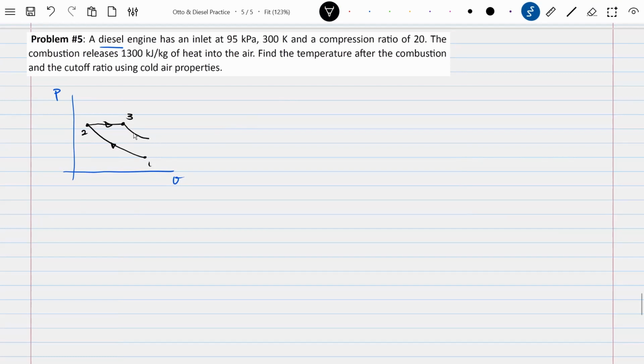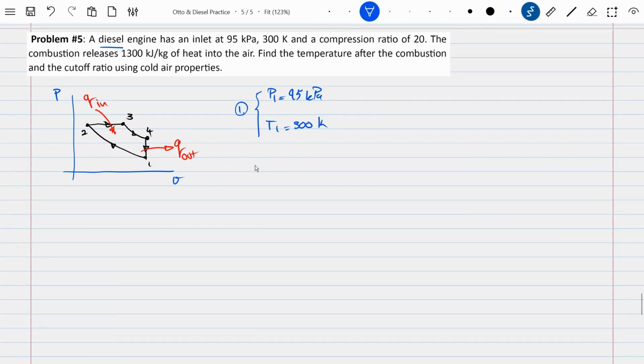Then you have the isentropic expansion to 4, and then you have the constant volume heat rejection back to 1. So this is where heat is added, and this is where heat is going out. But now let's see what we know. So at state 1, the intake, P1 is 95 kilopascals, T1 is 300 Kelvin.